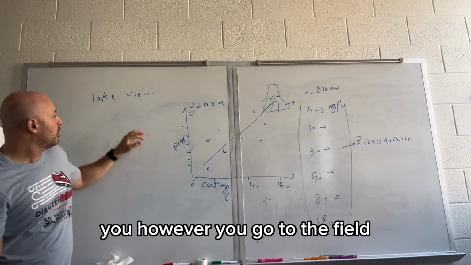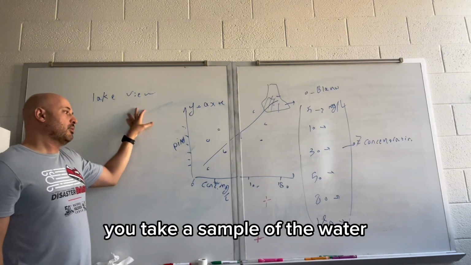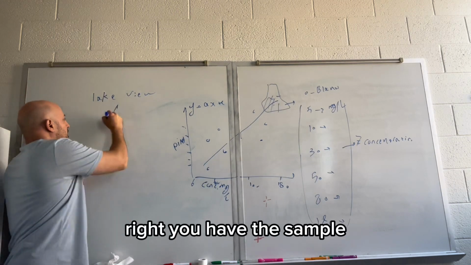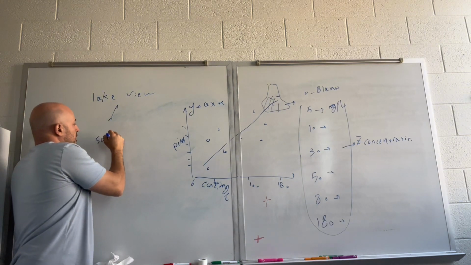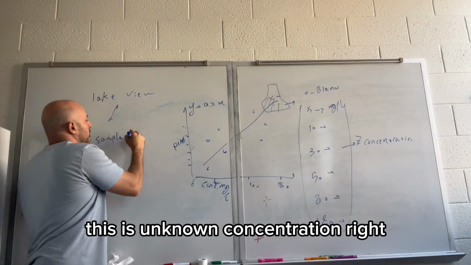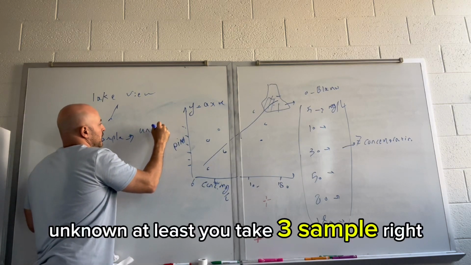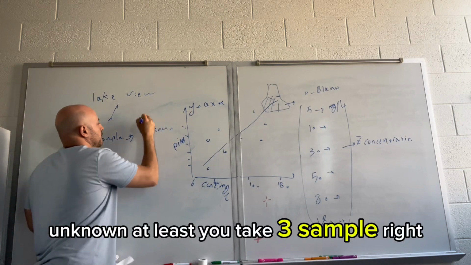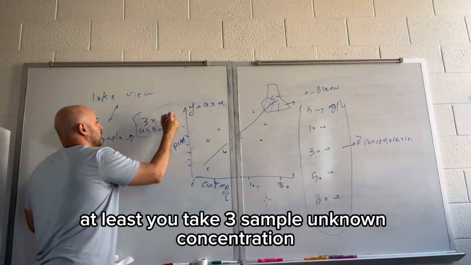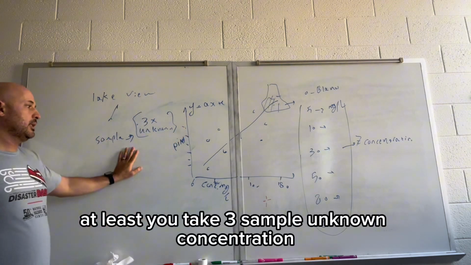However, you go to the field, you take a sample of the water, right? You have the sample. This is an unknown concentration, right? At least you take 3 samples, unknown concentration.